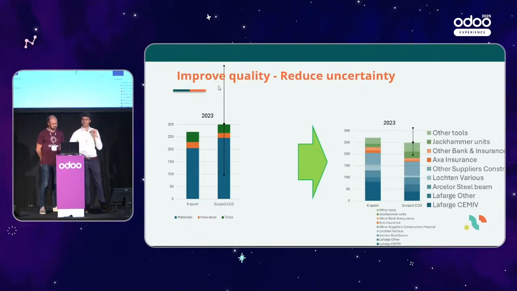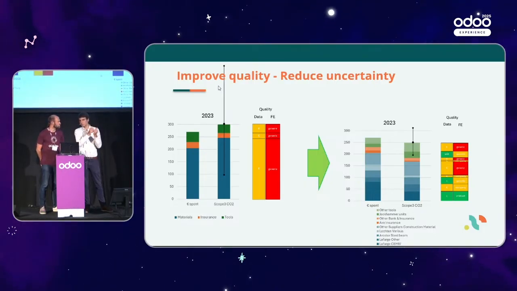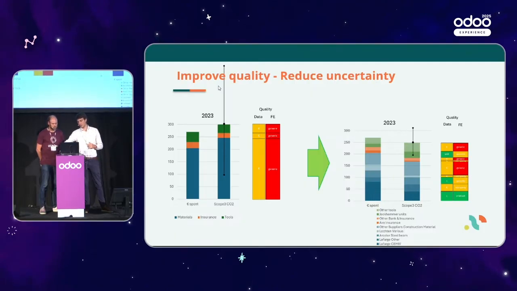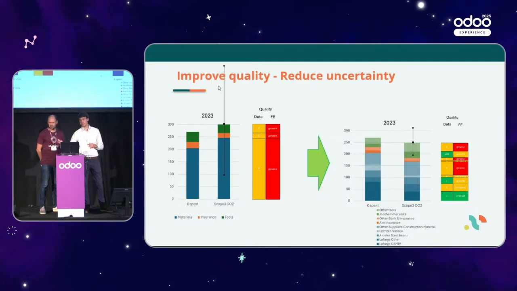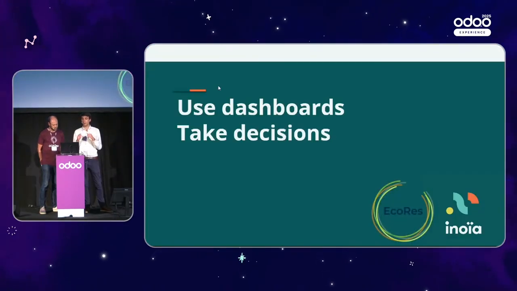On the left we see just monetary data and generic emission factors, which are put in red because it's bad quality data. On the right we still see monetary factors for some data, but also physical factors for other data, and the emission factors can be either generic or specific, or even specific to one product. You can have these differences in your overall account, and by doing it in Odoo, you are sure that you're not making a double count, or missing a line. In the end, you have a better reporting.